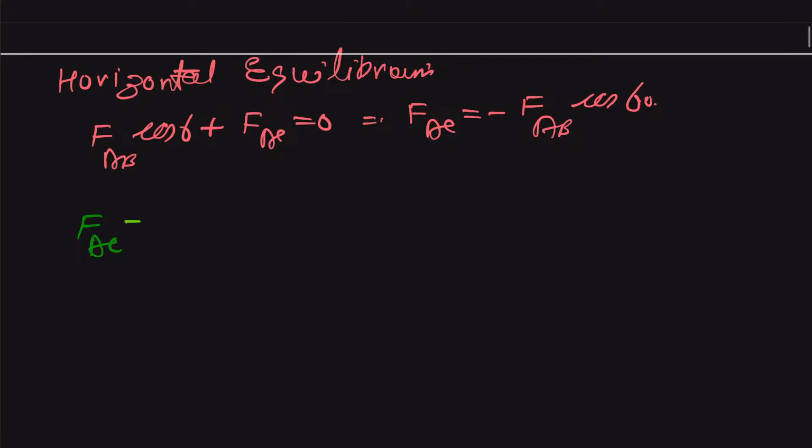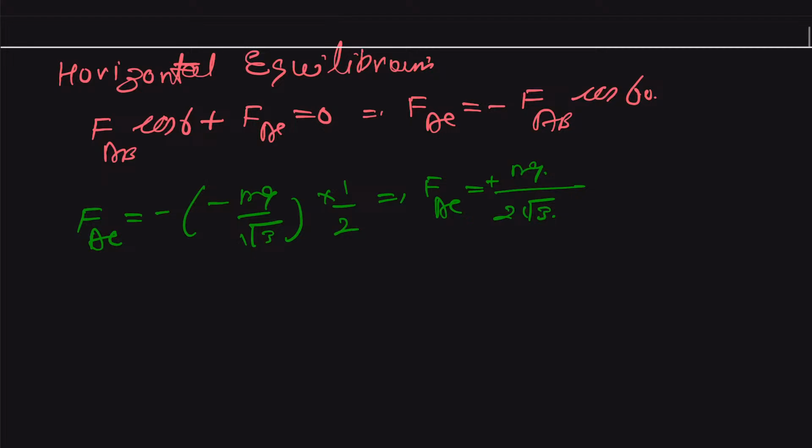We get FAC is equal to minus of minus mg square root of 3, and cos of 60 is 1 by 2. So this gives us that our FAC is equal to mg, and we have 2 root 3. Okay. And it is having a sign of positive. Okay. So positive, we have already defined that it is tension.